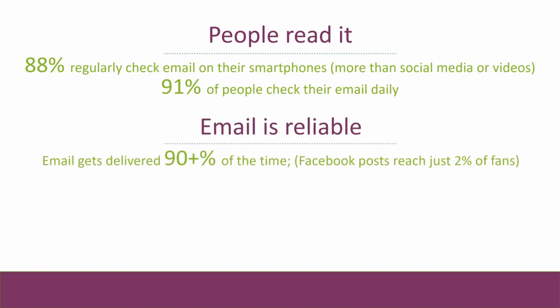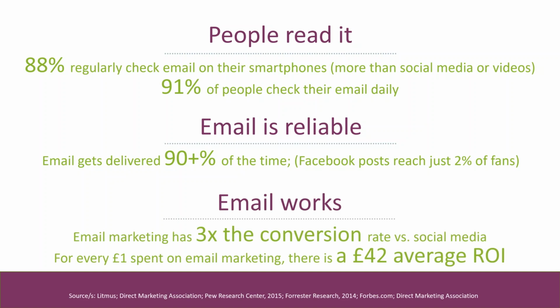It's reliable. Email gets delivered 90+% of the time. Now compare that with Facebook reach, which is about 2%, maybe even slightly lower, of your fans. We're all really struggling to get organic reach on our Facebook posts, right? And it works. It has 3 times the conversion rate versus social media.